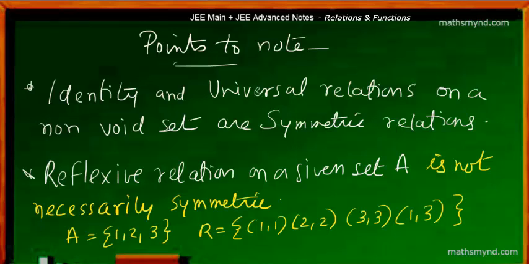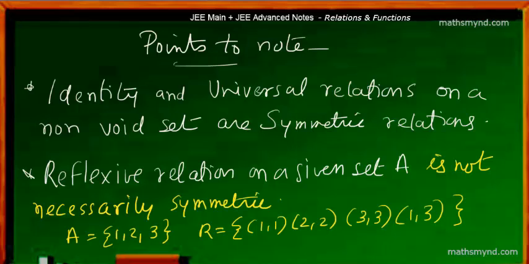Of course, they have to be non-void sets, that is, they ought to have elements. Those two relations are symmetric because, if there's an ordered pair, naturally the symmetric ordered pair would be present in the relation.